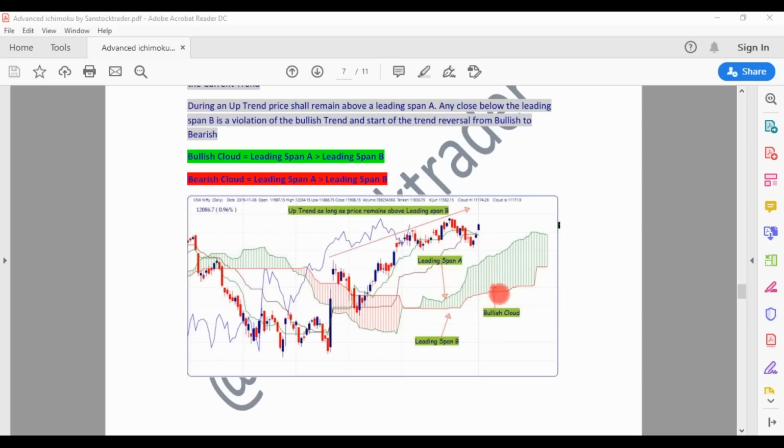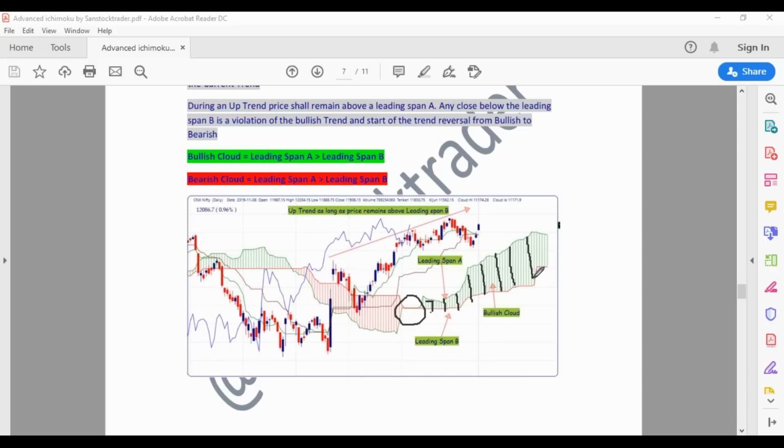That can be seen here from the chart. This is the point where the trend changed from bearish to bullish. Just pay attention. During the initial time, the width of this cloud was the smallest. And then slowly, when price started moving up here, see, this cloud started gaining thickness. That means the trend is now turning stronger and stronger.